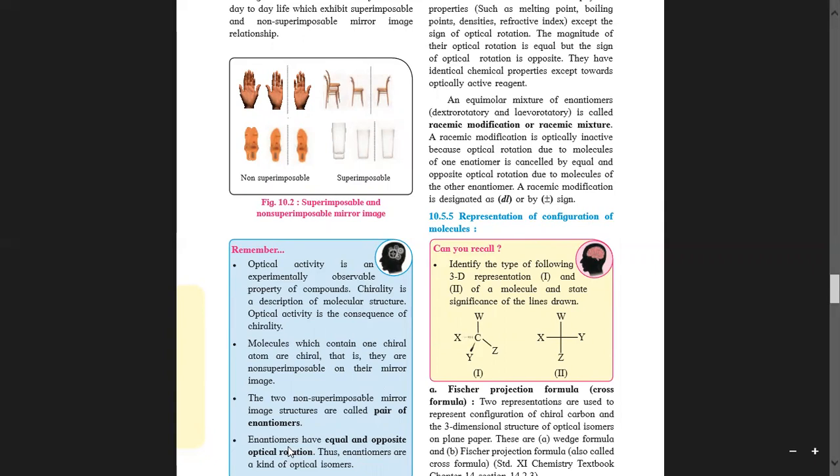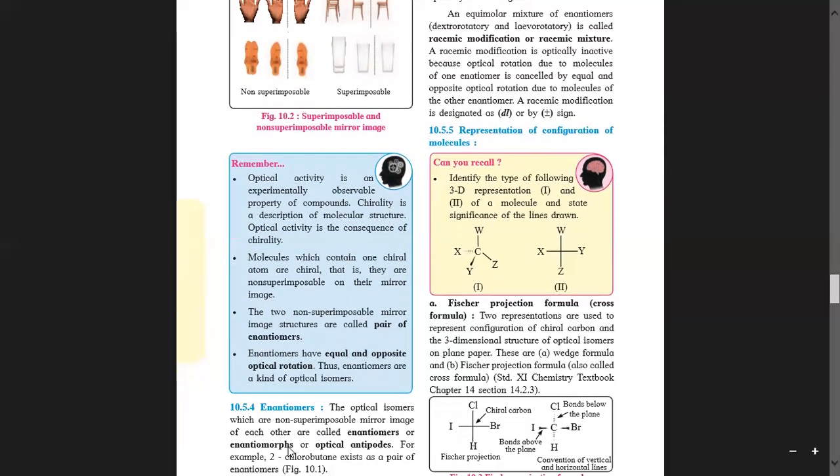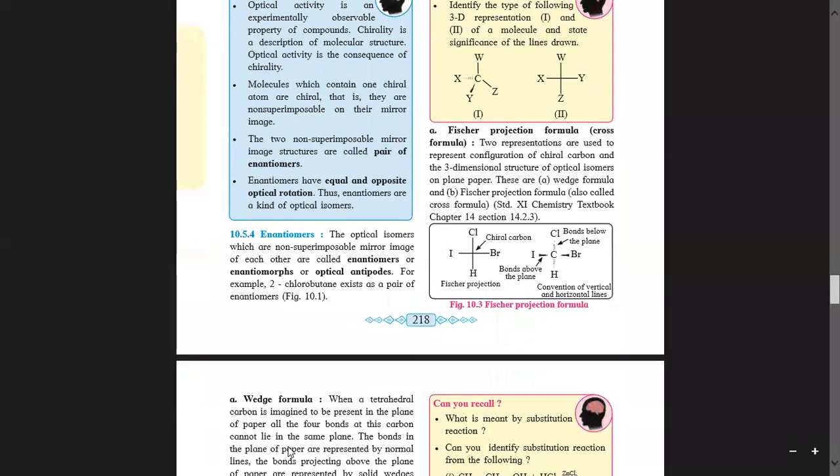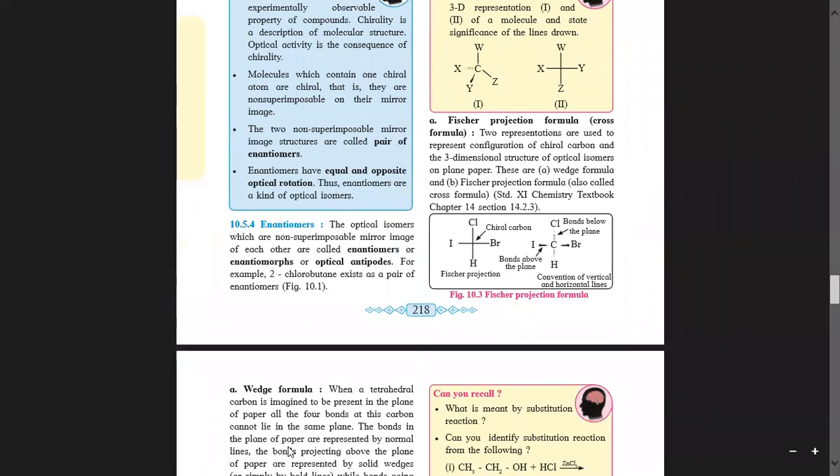Now the representation of molecules. One is the Fischer projection formula, and this formula is also called a cross formula. In the Fischer projection formula, these are the vertical groups and these are the horizontal groups. At the center there is a chiral carbon atom, and this first formula is called the wedge formula and the second formula is called the Fischer formula.